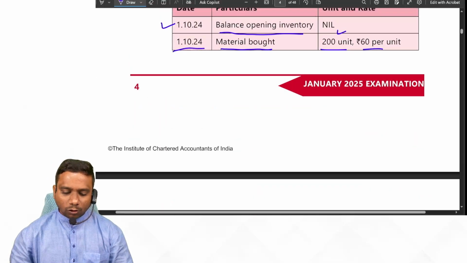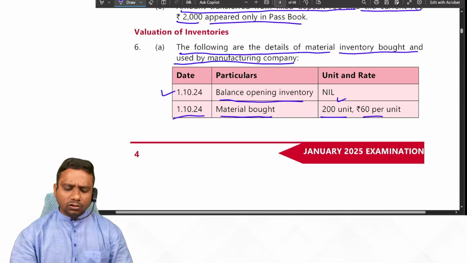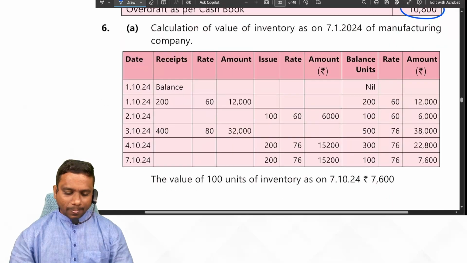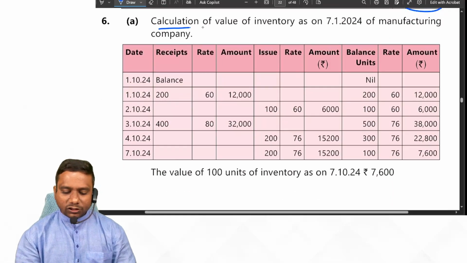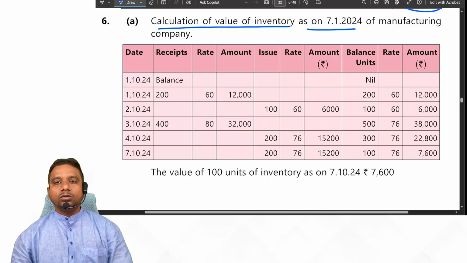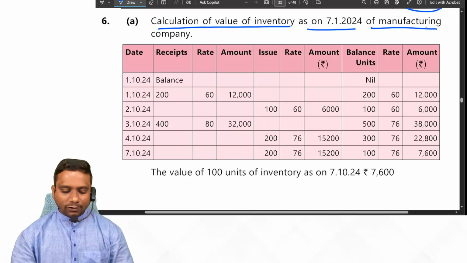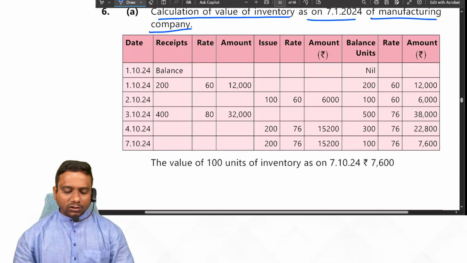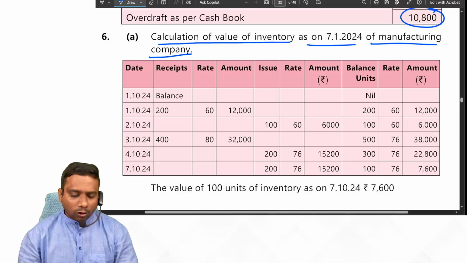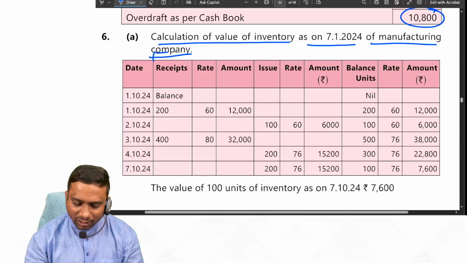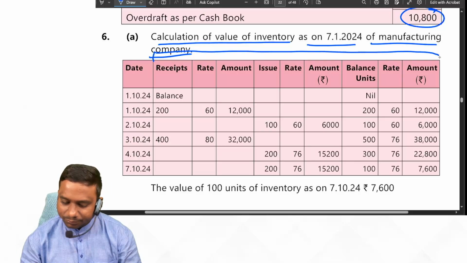First we draw the format. Look at the heading: calculation of value of inventory as on 7/10/2024 of the manufacturing company. Observe how we normally draw the format: date, and above this we draw a format like this.